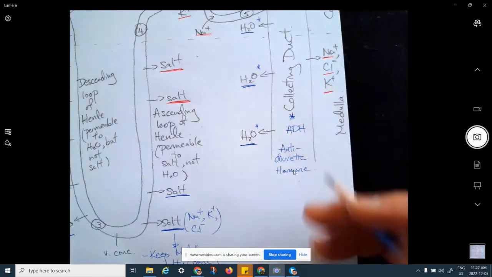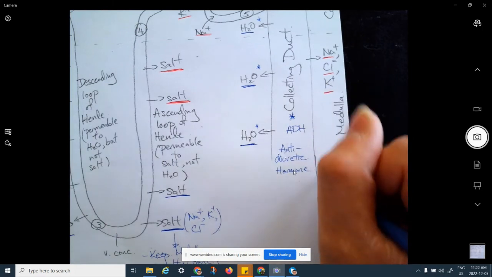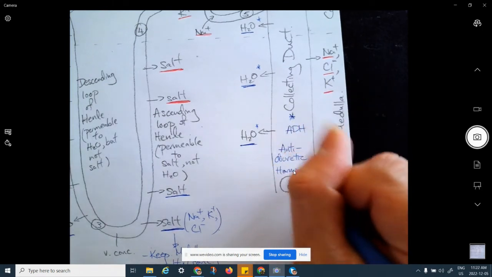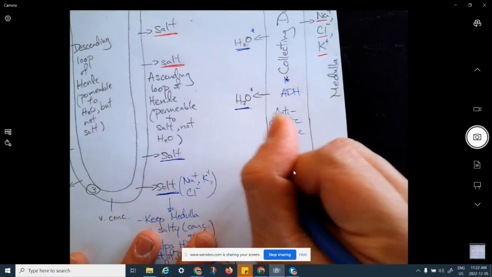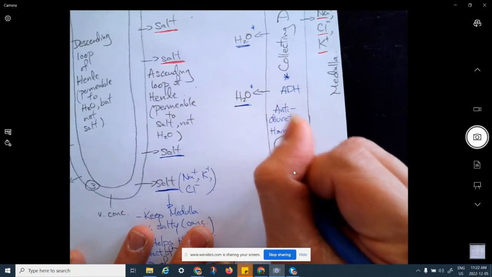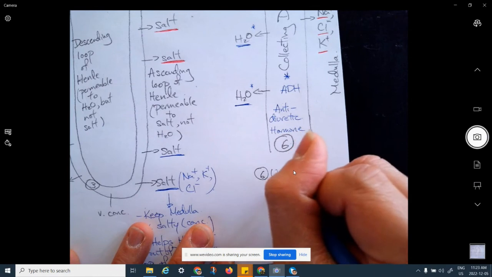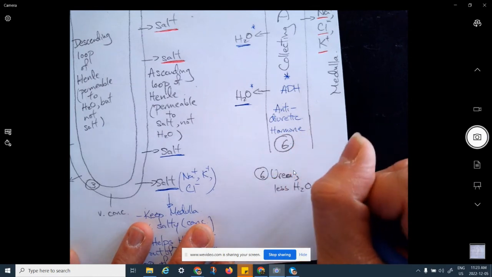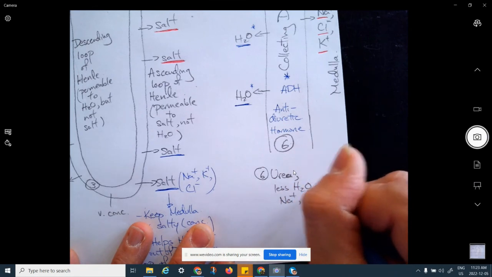So, by the end of this whole thing, what do you have here? At this point, you still have urea. Urea doesn't really seem to go, which is good. Less water, as it should be, and sodium and salt.